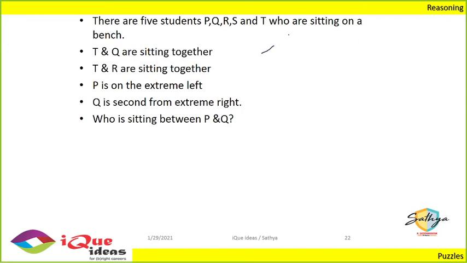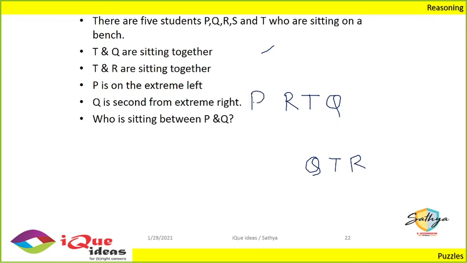Chalo, let's take a look at it. It is said that T and Q are sitting together. So T and Q could be sitting together like this or this. T and R are sitting together. So T and R or T and R. P is on the extreme left.